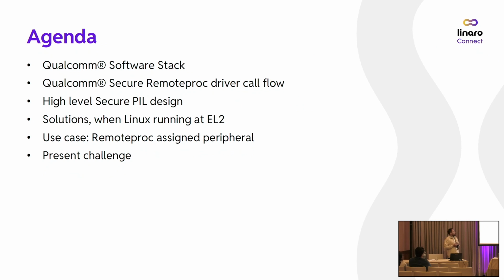Then there is a use case when a remote processor has a dedicated assigned peripheral, which could be a DMA device dedicated only to a remote processor. And then the challenges we are facing, where it is a Linux problem. We'll discuss what the problem is.